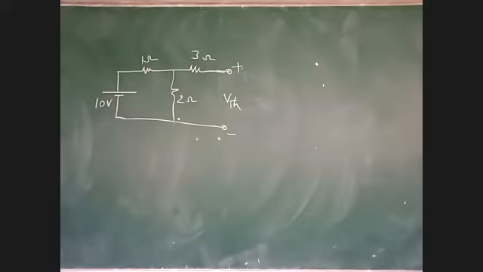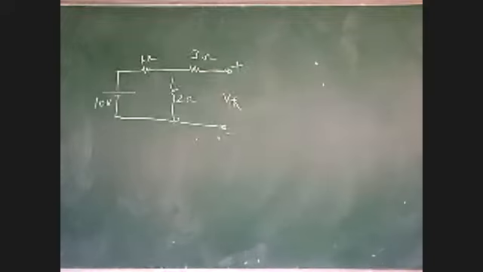Write down note. In open circuit, what is the current in open circuit? Anyone? In open circuit, current is 0.